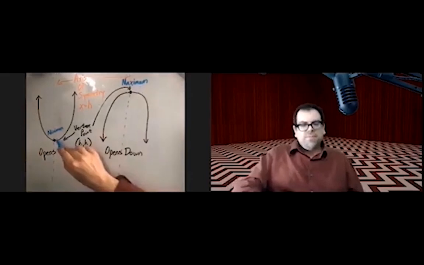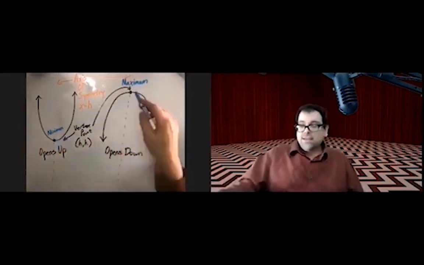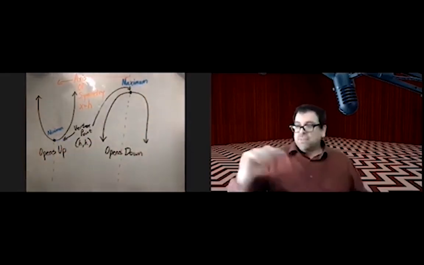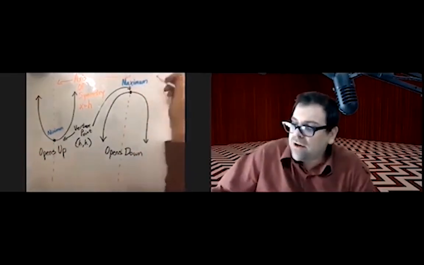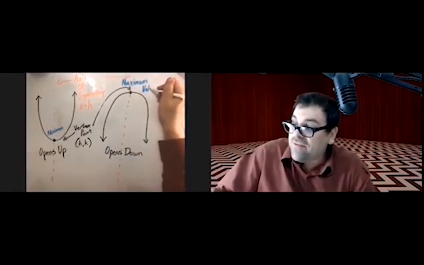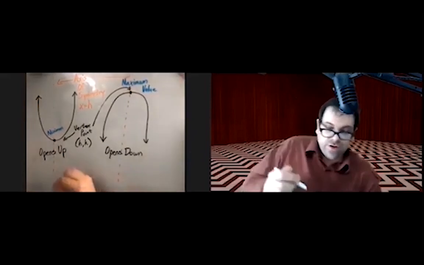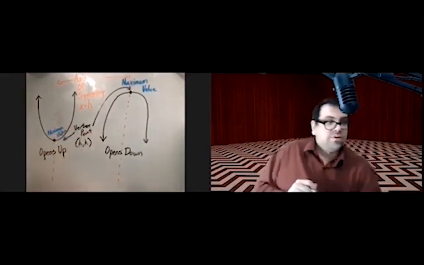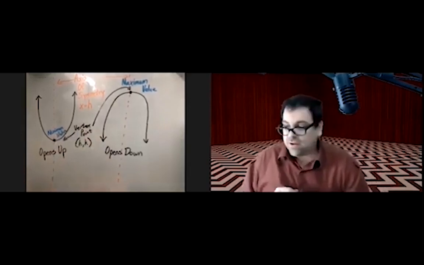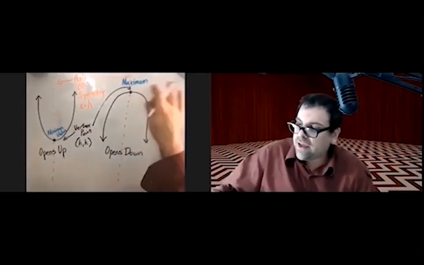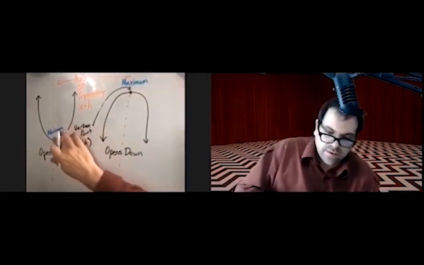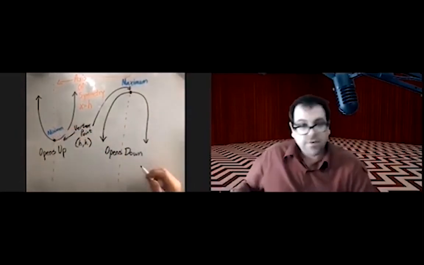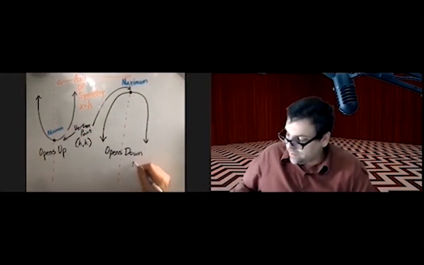The maximum or minimum point is the vertex. But if we talk about a maximum value of a function or a minimum value of a function, let me write that. Maybe down here.